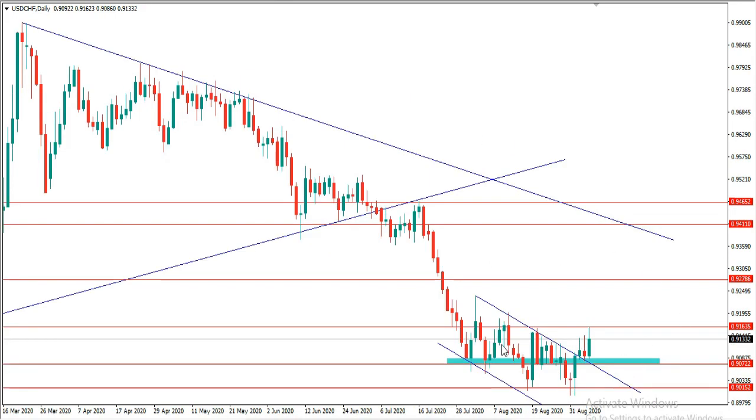Alright, so from the daily time frame, okay, the last time I talked about this pair, I talked about this descending channel right here, and I said as long as price remains within this area, I might just see consolidation until I see a close above. I will not be looking for any long trades.